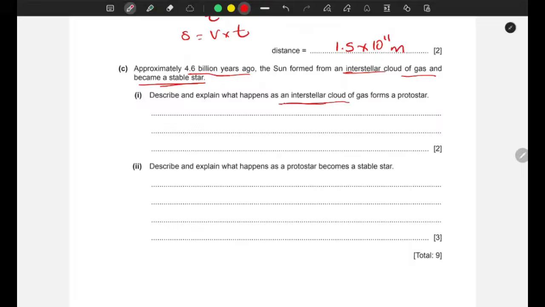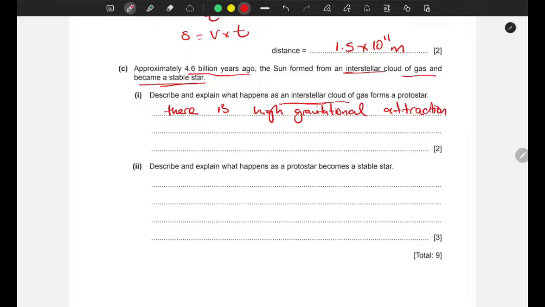So this cloud of gas has a high gravitational force.